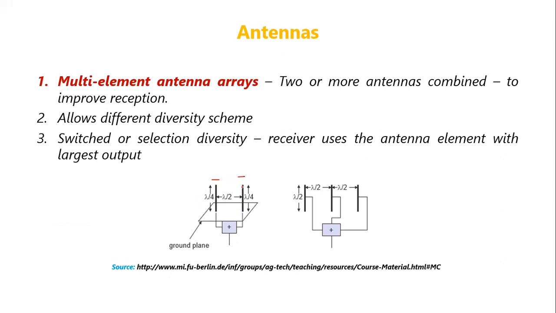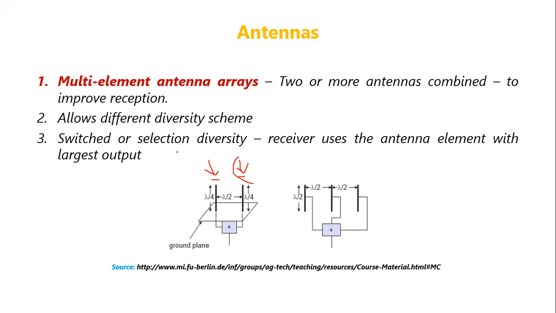Maybe this antenna may have high reception power, or this antenna's output may be high, and the other antenna's output may not be that high. Then your receiver may always prefer to receive from this particular antenna. Switched or selection diversity means the receiver uses the antenna element with the largest output.